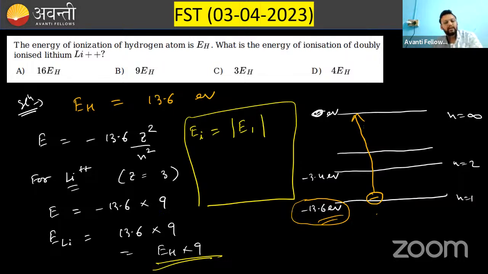Mod sign means you don't have to put the negative sign, because generally energy in the ground state is negative. So ionization energy is nothing but the energy in the ground state. For the ground state of lithium, we have calculated the energy, and that energy will be the ionization energy. Simple. Moving further.